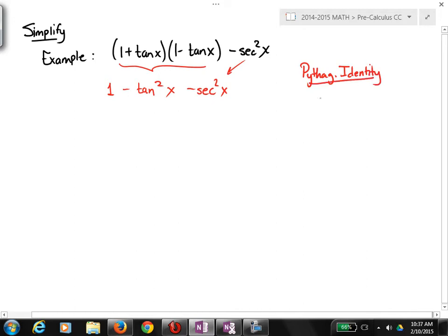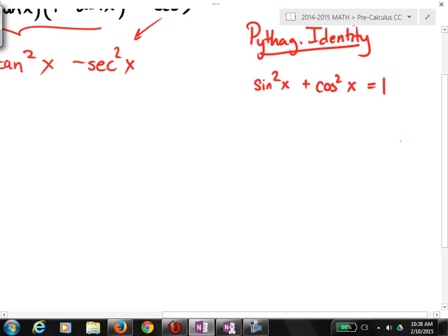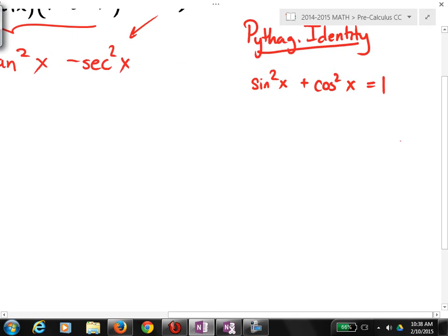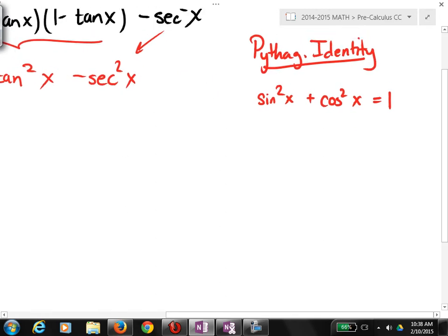So the Pythagorean identity, the easy one to memorize, is sine squared of x plus cosine squared of x is equal to 1. Now it depends. Do you want to involve tangent or do you want to involve secant squared of x? Okay. So if I go to my Pythagorean identity, let's say I want tangent like I did on the other problem.